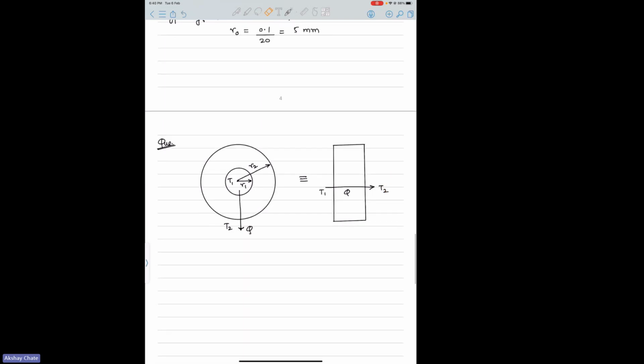But they are asking what will be the equivalent area for the plane slab. So this slab will have some area through which the heat is getting conducted. So what is that area? Let's say we'll call it the mean area or something like that. So that is the question.